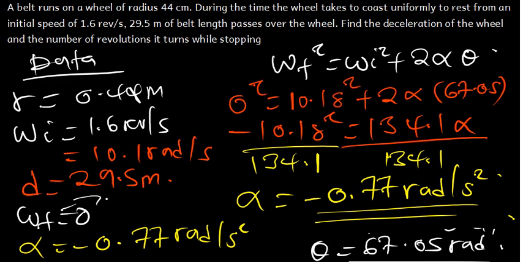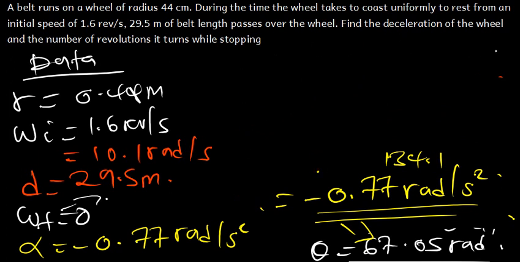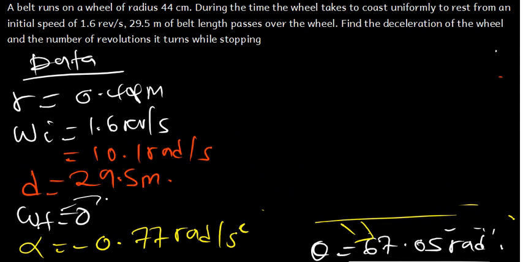As you can see, when we are talking about revolutions, we are talking about the angular displacement. The angular displacement, we have already found that it is 67.05 rad. Now they want it in revolutions. What we have to do is just convert this 67.05 from rad to revolutions.